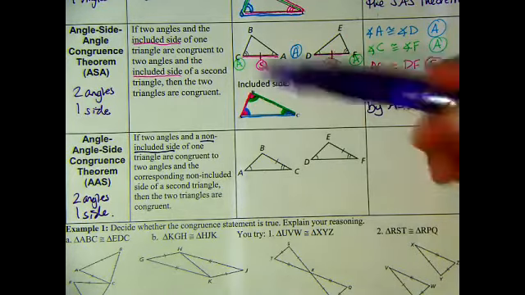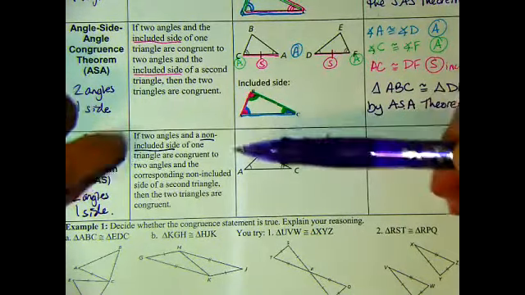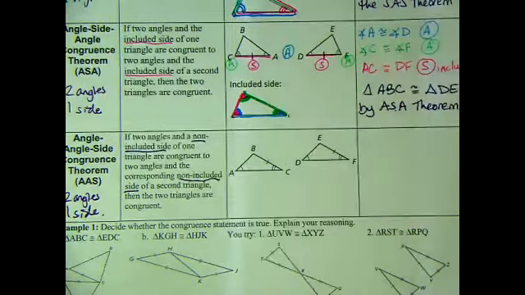So for this, if two angles and a non-included side of one triangle are congruent to two angles and a non-included side of the second triangle, then the two triangles are congruent. So let's take a look here.